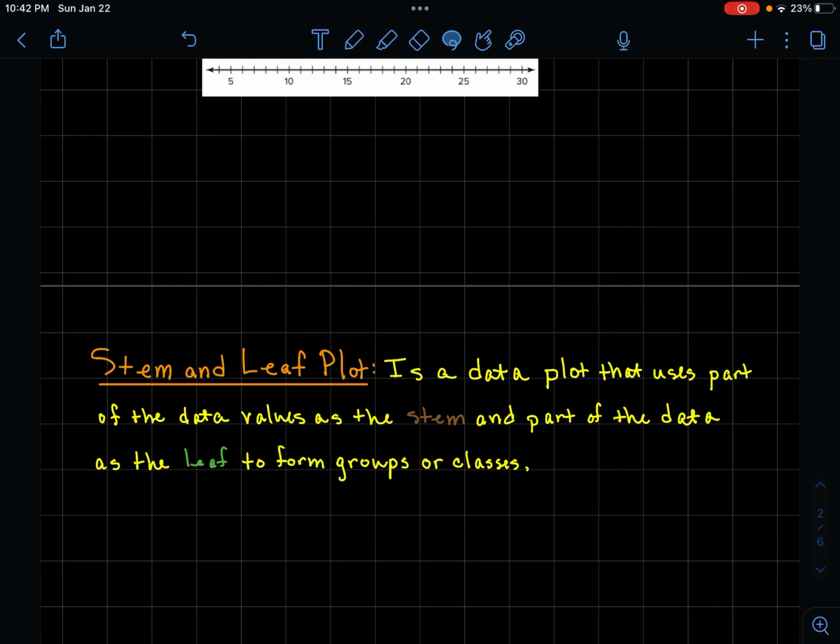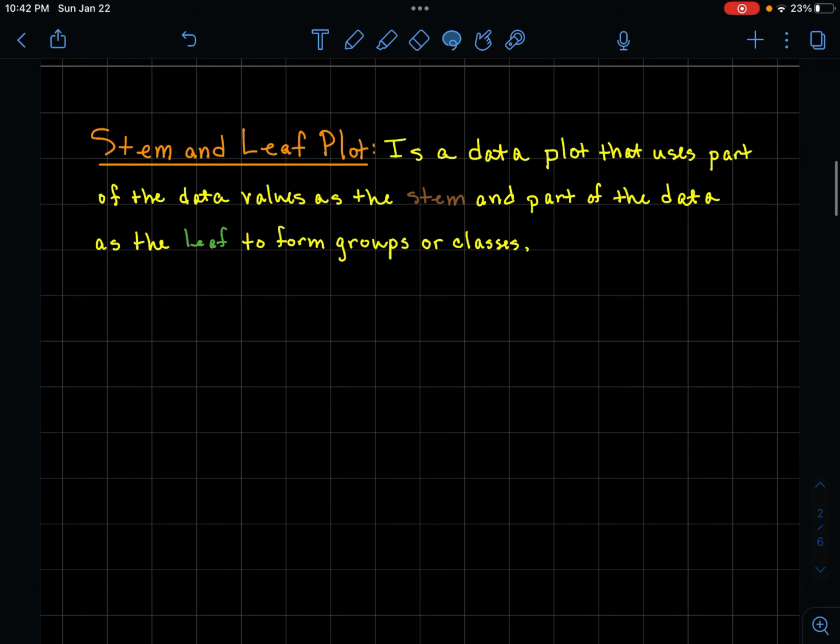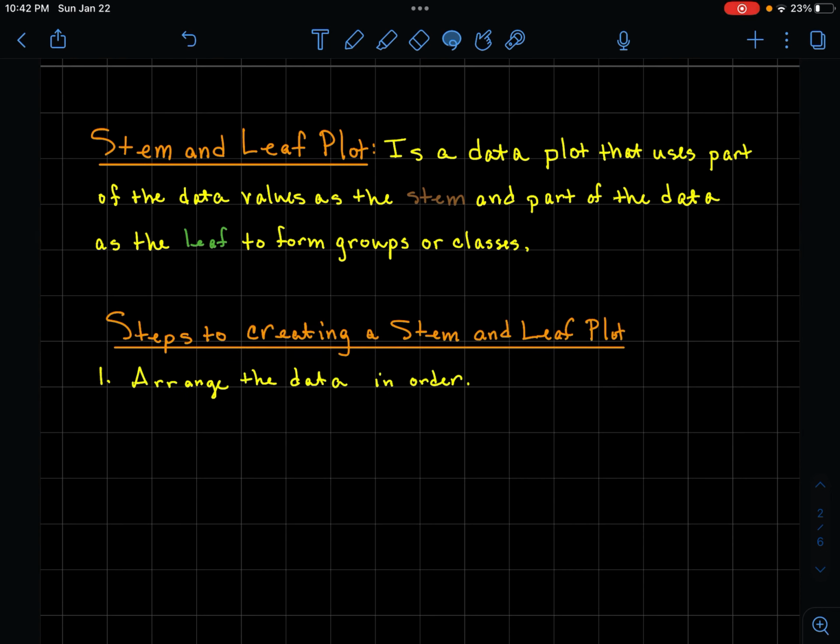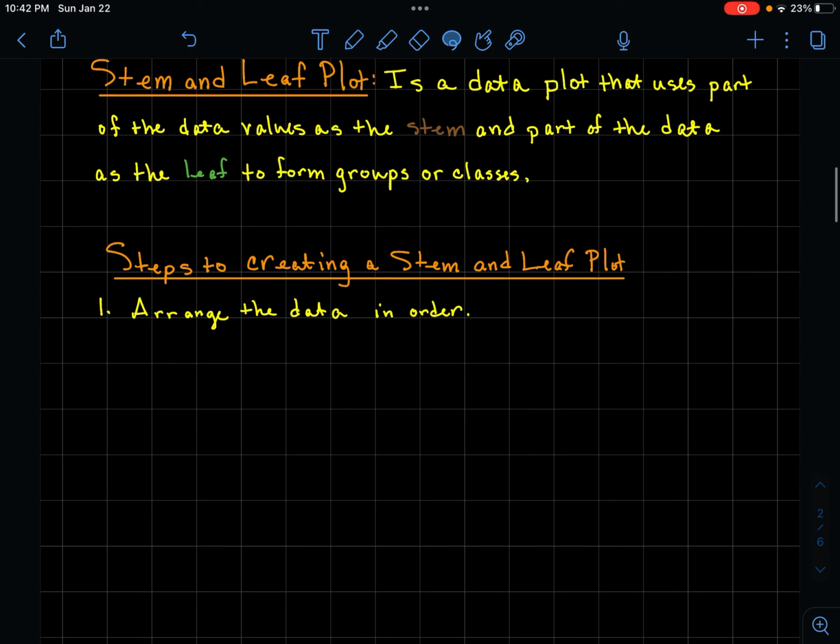A stem and leaf plot is a data plot that uses part of a data value, what we call the stem, and the other part of the data value as the leaf to form a group or a class. What are some of the steps that we can use to create a stem and leaf plot? We're going to go through three of them, and you'll find that we almost do all three interchangeably together.